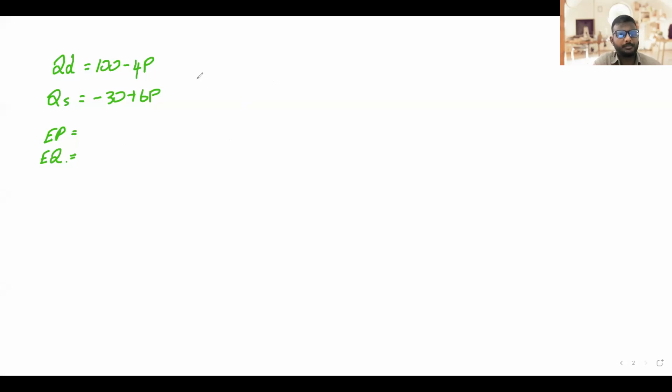So to find the equilibrium price and quantity, step number 1 would be to make sure this quantity demanded is equal to quantity supplied. After that, you write down the equation. 100 minus 4p equals minus 30 plus 6p.